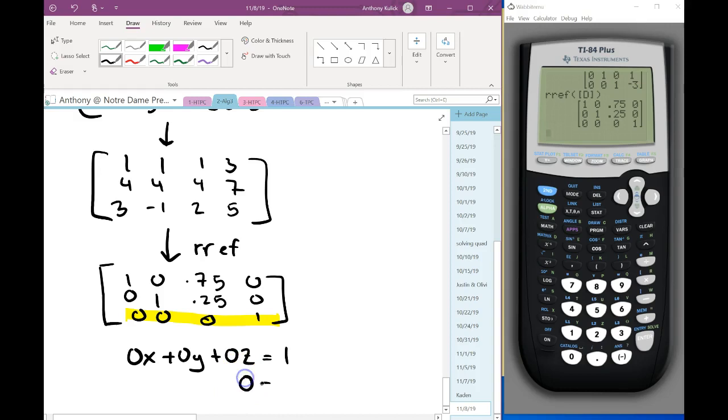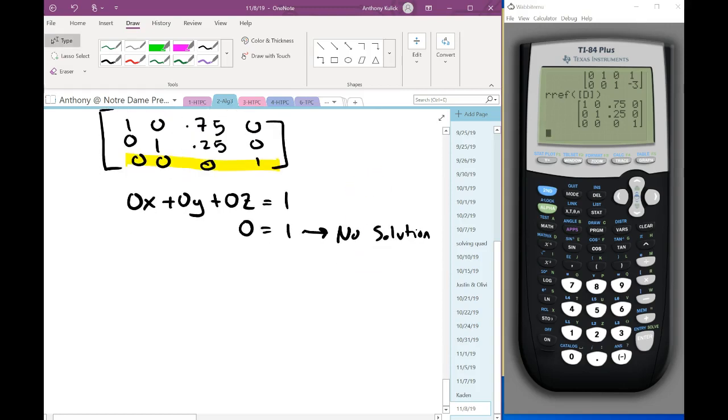When I simplify that down, that says that 0 is equal to 1. That tells me no solution. Is everybody okay with that idea? Okay.